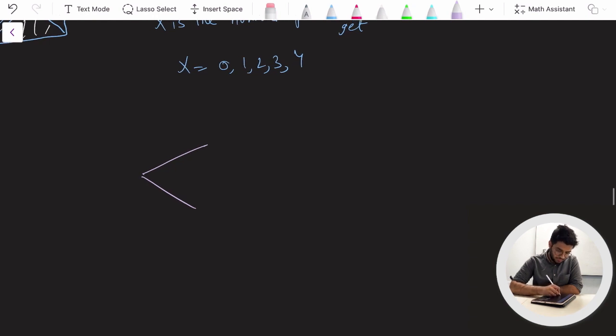The probability of getting a white is 1 on 4, and the probability of getting a blue is 3 on 4. Look at the spinner.